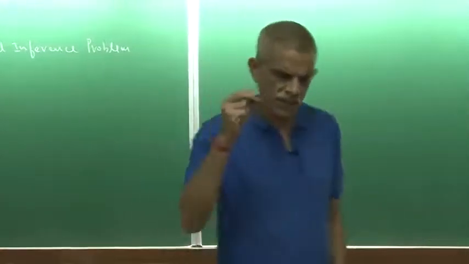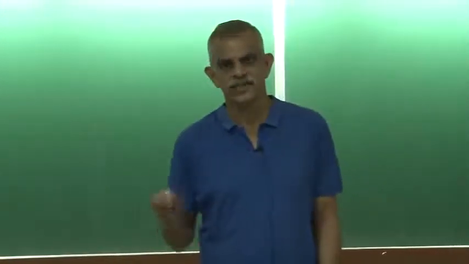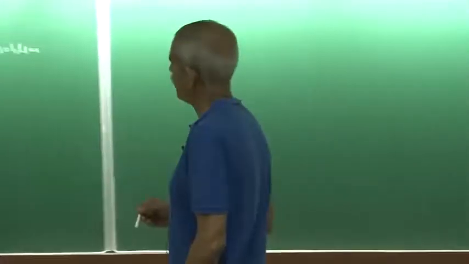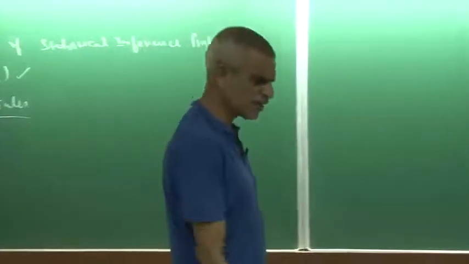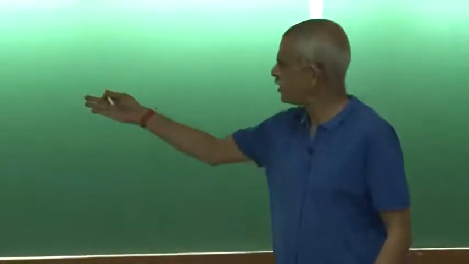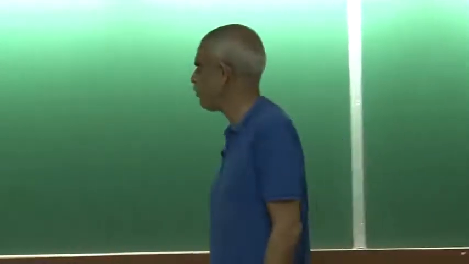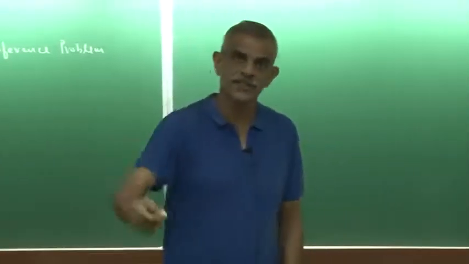After you have performed the experiment, you don't immediately take the decision. You do another stage of randomization before you go for a final decision. The usual decision rules, which we call non-randomized decision rules, are basically a particular case where the corresponding probability distribution is degenerate at a point. That means immediately after observing the random variable x, you take the decision.